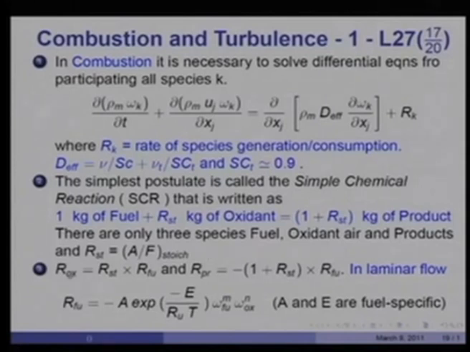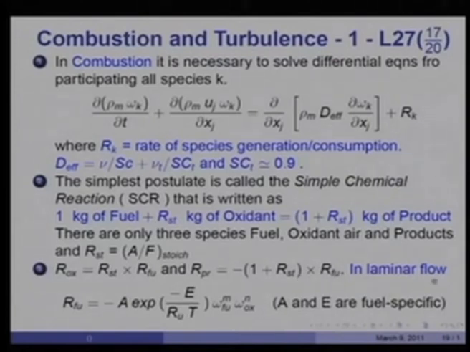Then the rate of consumption of oxidant air would be RST times the rate of consumption of fuel. Our product, on the other hand, will be minus 1 plus RST times RFU.